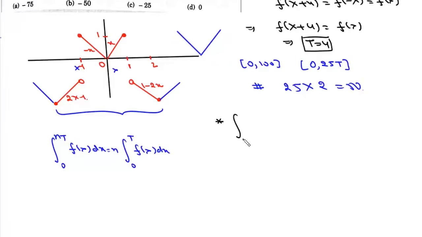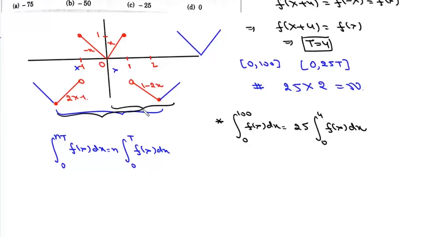So this integral from 0 to 100 of f(x) dx will be 25 times the integral from 0 to 4 of f(x) dx. Since this value from 0 to 4 is the same as the value from -2 to +2, and it is an even function, we can write this as 50 times the integral from 0 to 2 of f(x) dx.